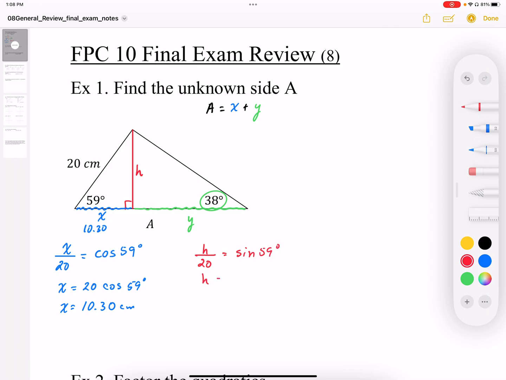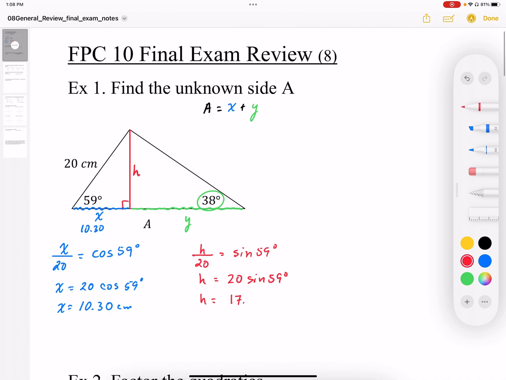To solve for the height, we can again cross multiply: 20 times the sine of 59 degrees. I need my calculator for sine of 59, and when I work this all out, 20 times sine 59 gives me 17.14.